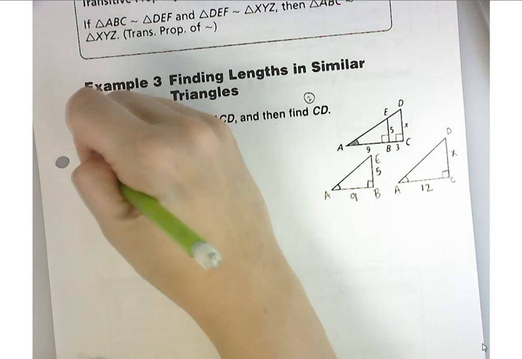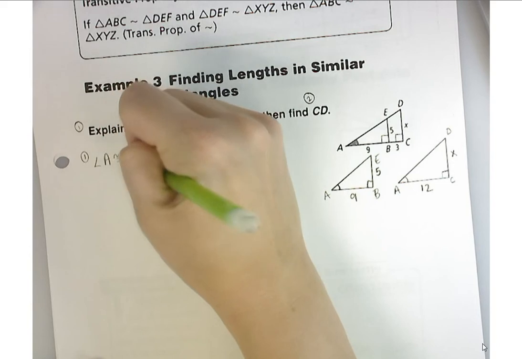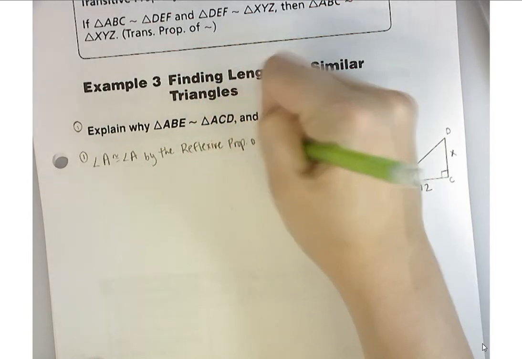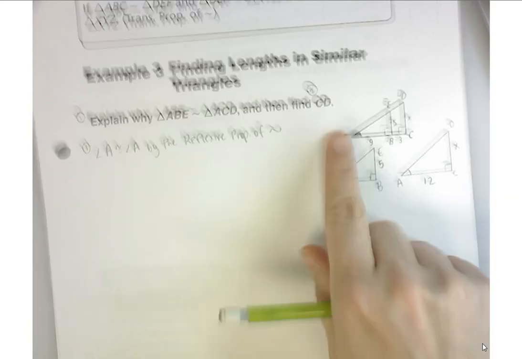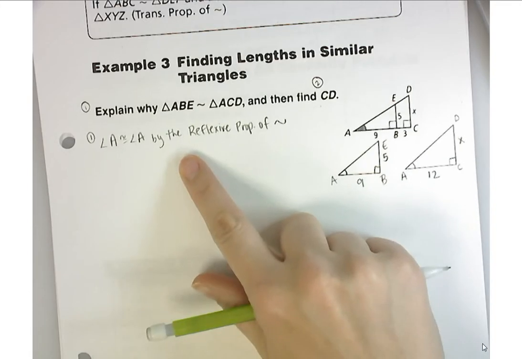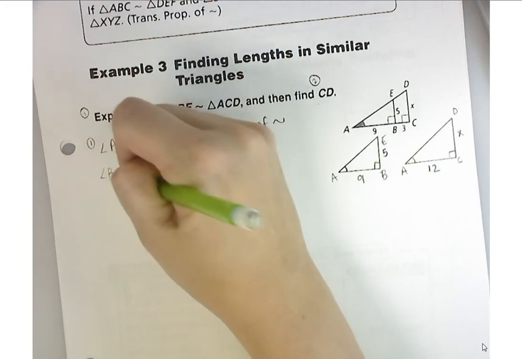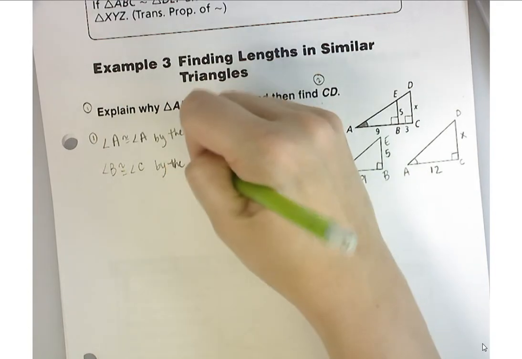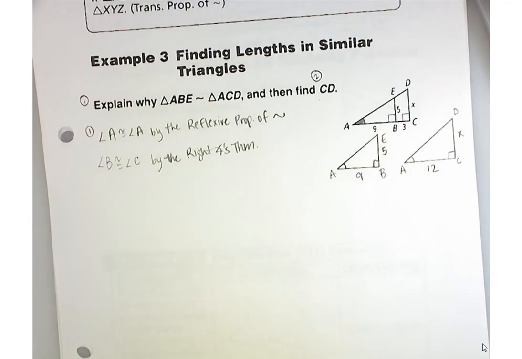All right, so for step 1, it says explain. So angle A is congruent to angle A by the reflexive property of similarity. Okay, because that's the same angle. So something is congruent to itself. Now we know B and C are congruent by the right angles theorem, which tells us that any two right angles are congruent.